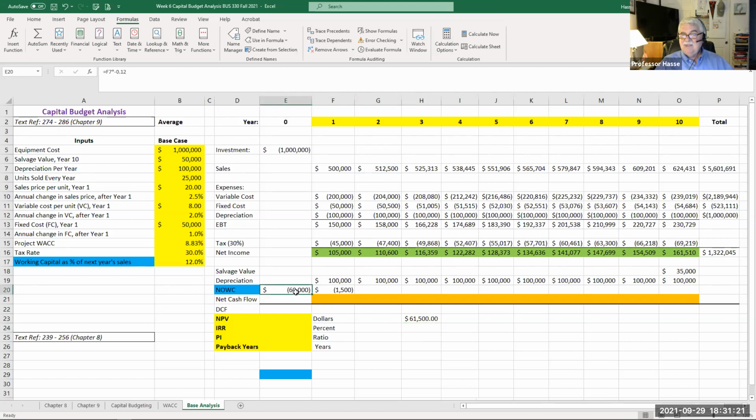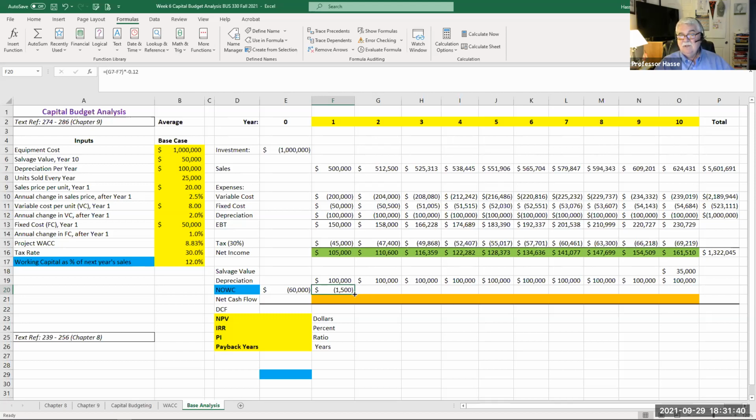So we're maintaining a working capital base of what our following year's sales are. And this will occur every year now because we can see revenues going up every year through year 9.